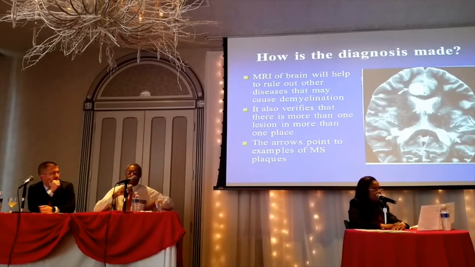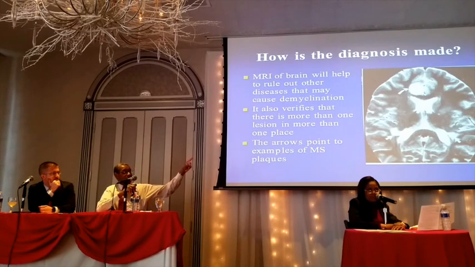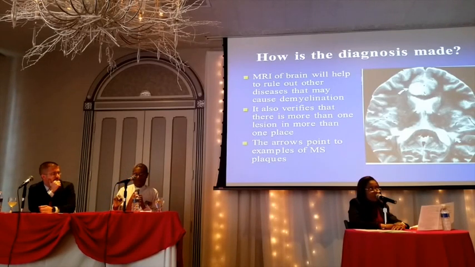A lot of people who have only one symptom to go along with their multiple sclerosis, if there's only one symptom, and we get the MRI and it looks like that, and there are multiple lesions, that pretty much makes the diagnosis of multiple sclerosis for us.